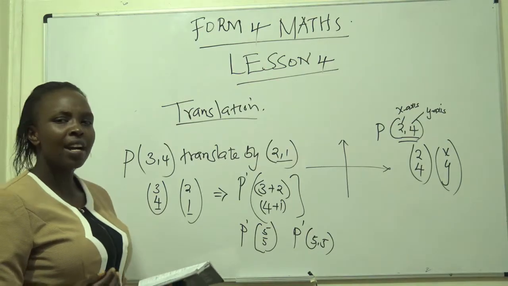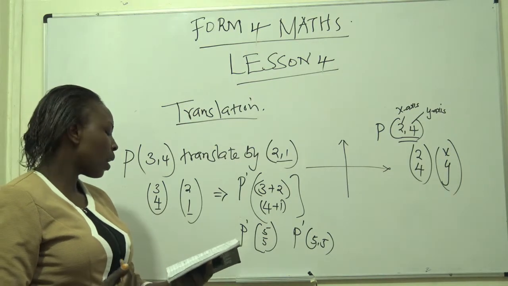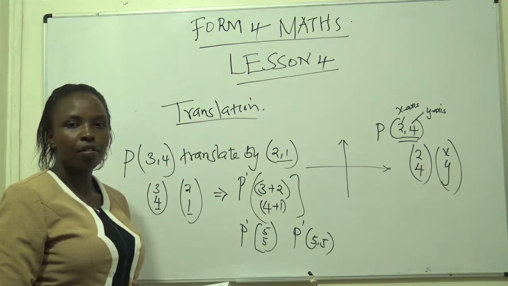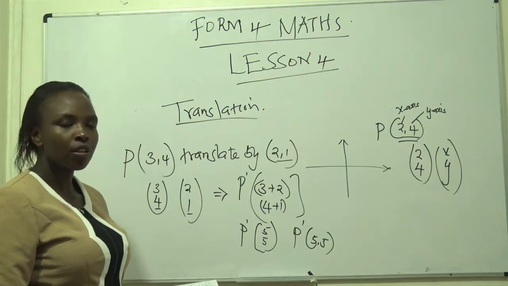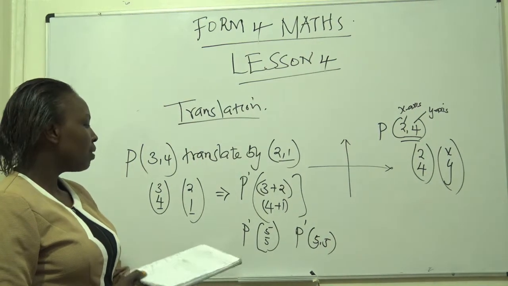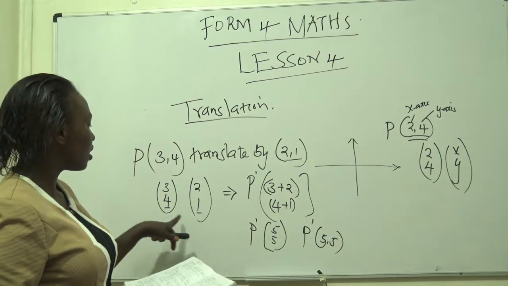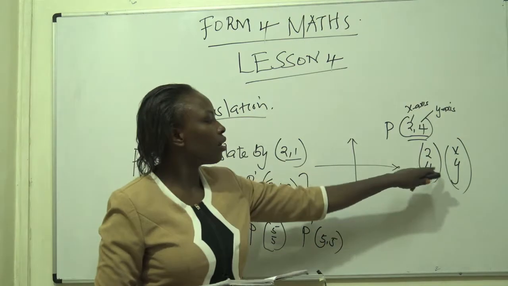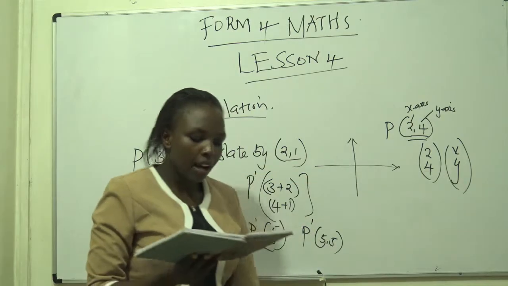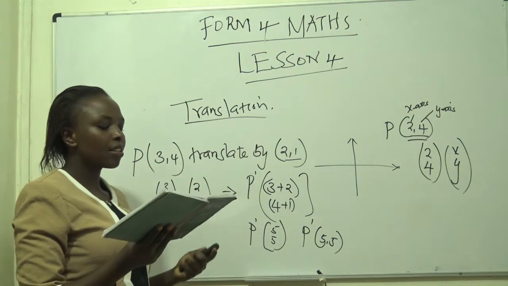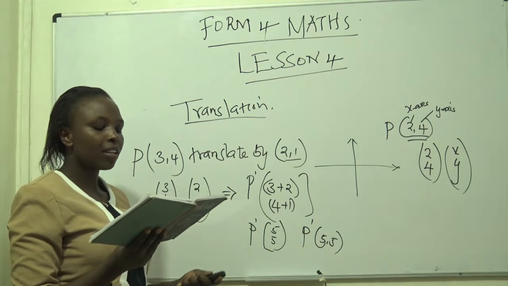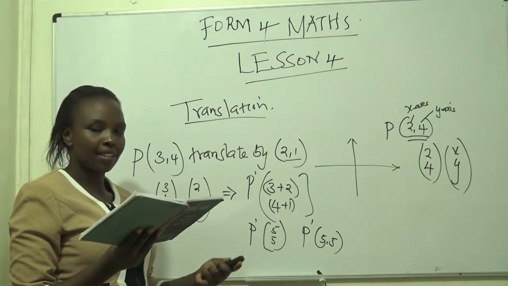But now let's do another serious question whereby maybe you have a triangle and then you are given a translation vector. But before that, you'd also note that y represents a movement of y units parallel to the y axis.